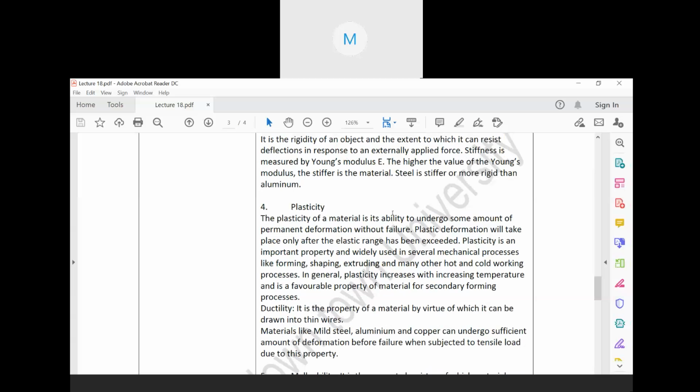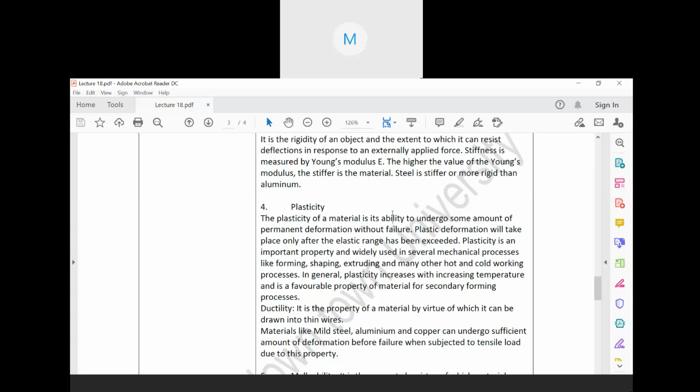Plasticity is the property. There is elasticity and there is plasticity. It is the property of a material that allows its ability to undergo some amount of permanent deformation without failure.